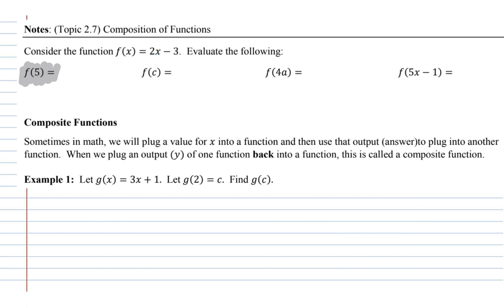So this is basically going to be 2 times 5 minus 3. That is 10 minus 3, which is going to be 7. And that means f of 5 is 7. When I substitute 5 into my f function, my answer will always be 7.